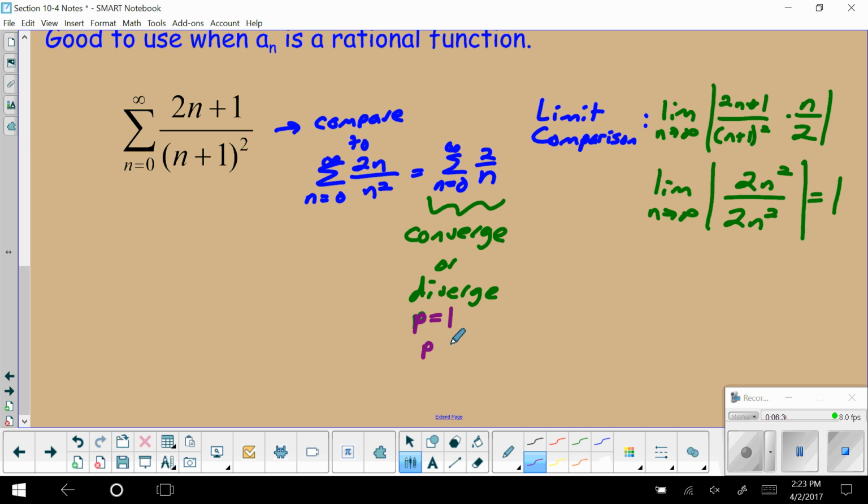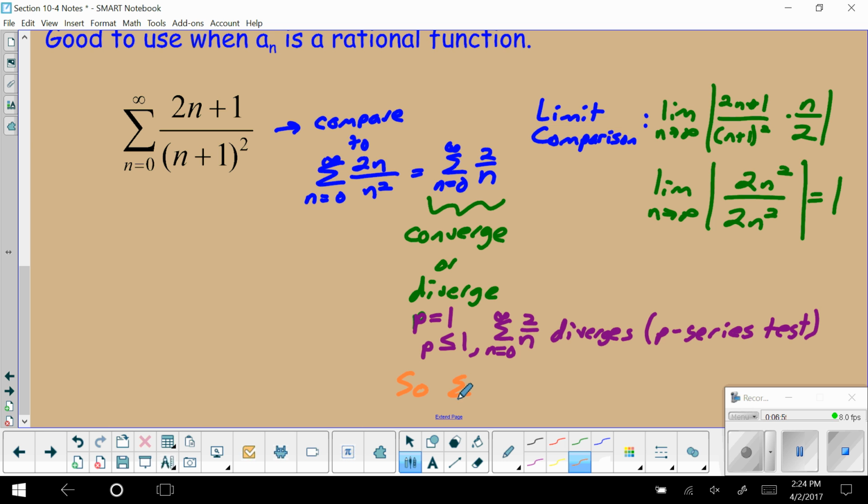Since p is less than or equal to 1, the series of 2 over n diverges. That's our p-series test. And by the limit comparison, I know that my original series behaves the same way. So my series from n equals 0 to infinity of (2n plus 1) over the quantity (n plus 1) squared also diverges.